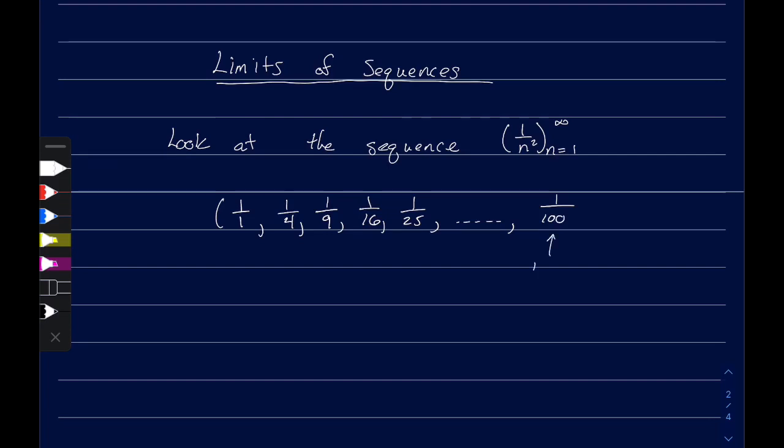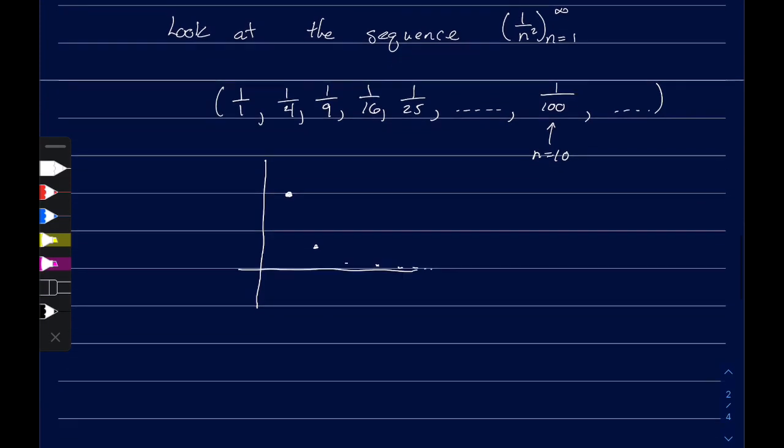Maybe go out to 1 over 100, this is for n equal to 10, and so on. And if we were to graph this, we would see that we start at 1 and then go to 1/4, 1/9, 1/16, and so on. And we continue all the way down, and we're getting closer and closer to 0, but we're never quite hitting it.